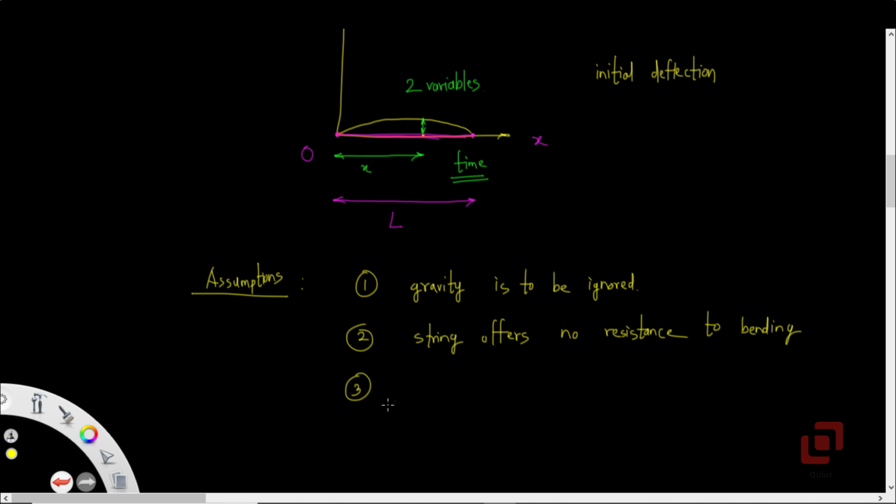And the third assumption is a homogeneous string. By homogeneous string we mean that the mass per unit length of the string is a constant. So with these three assumptions, let's now try to model the vibrations.